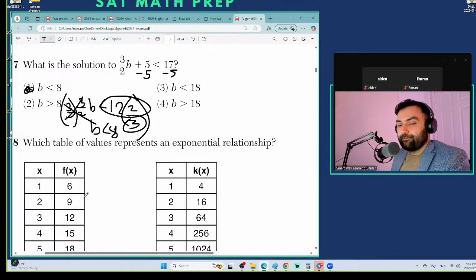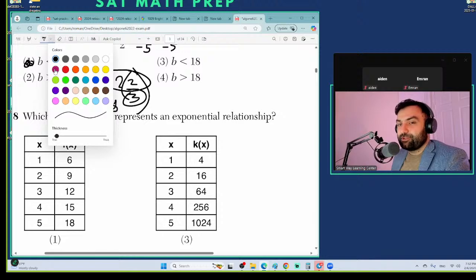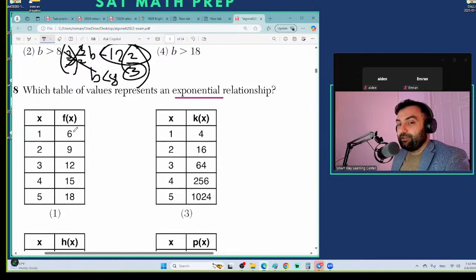Moving on. Which table represents the exponential relationship? Exponential means that the change in y should be not plus, but times. Like, let's say in the first answer it is plus 3, plus 3. This is linear.